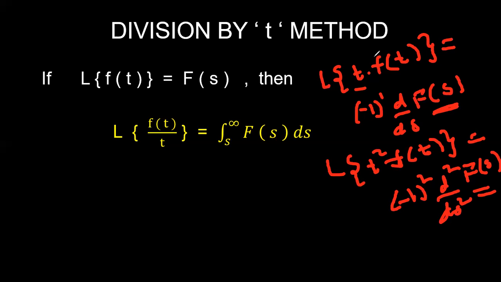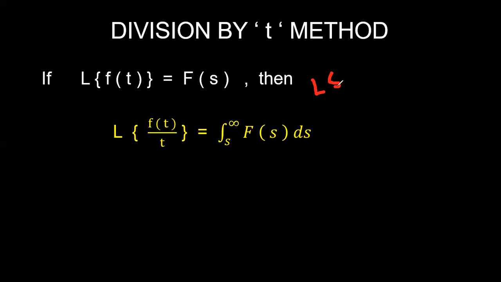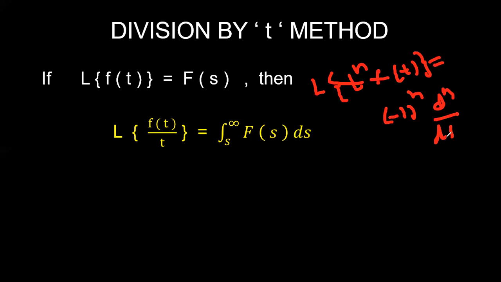For general analysis, for t power n into f of t, the transform is equal to minus 1 whole power n, d power n by ds power n of F of s. This is the final equation for any n value. This is the general form of the multiplication by t power n method.